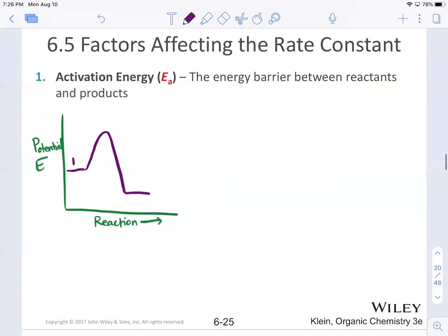And this is where we can talk about, let's make that P look better. Where is the activation energy? It's the difference between the reactants and what we are going to call the transition state. This is a symbol right here. This orange guy is a symbol for the transition state.